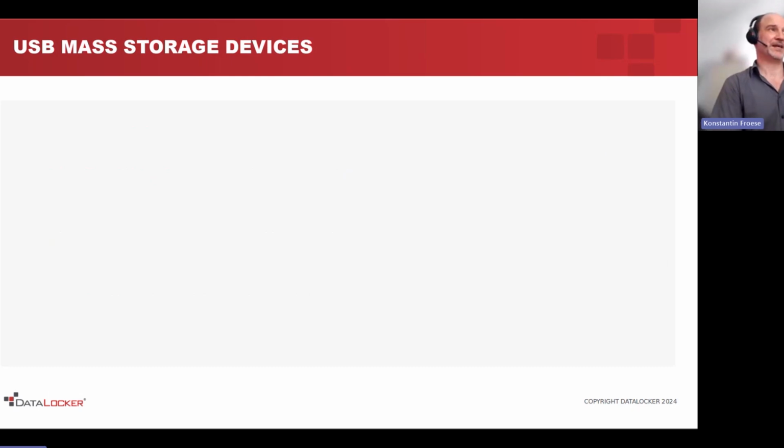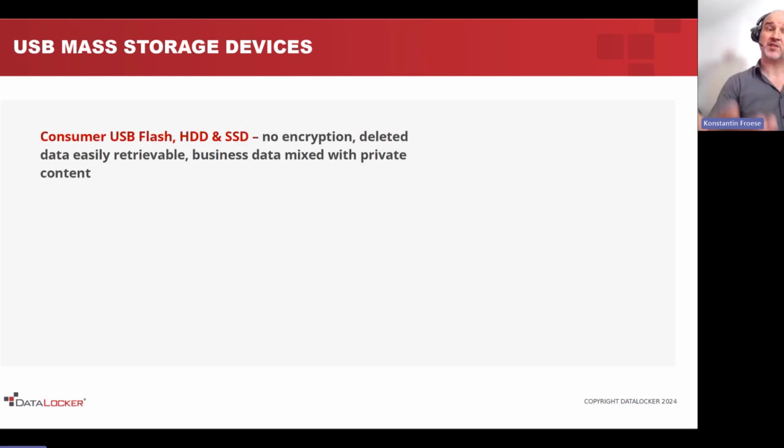And we have now a little overview of USB mass storage devices. And I believe we can categorize this into different types. There are consumer USB flash drives, hard drives, or SSDs. I also call them supermarket USB drives. These come, of course, without any encryption.